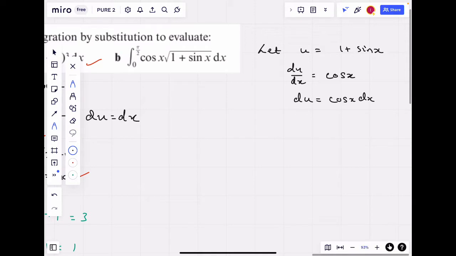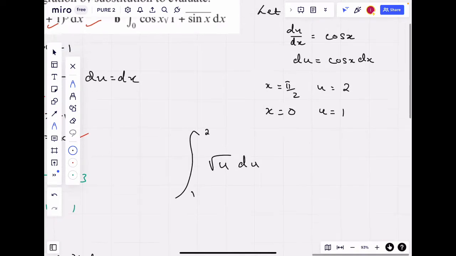Okay, when x equals pi over 2, u equals 1 plus sine pi over 2, which is 2. When x equals 0, u equals 1. So your integral would be from 2 to 1, and then you would have root u du.